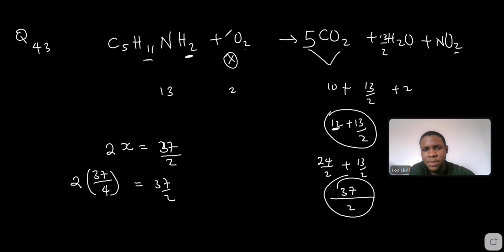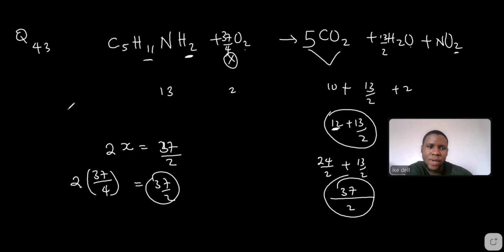So I'm going to place 37 over 4 right here. I hope this stuff is not confusing. You could choose to balance this the way you want, but if you're using fractions, then 37 over 4 is the right thing to put there. Multiply that by 2, you get 37 over 2 amount of oxygen on both sides. Now that everything is looking good, we can multiply through by 4 to make this make sense for everyone.